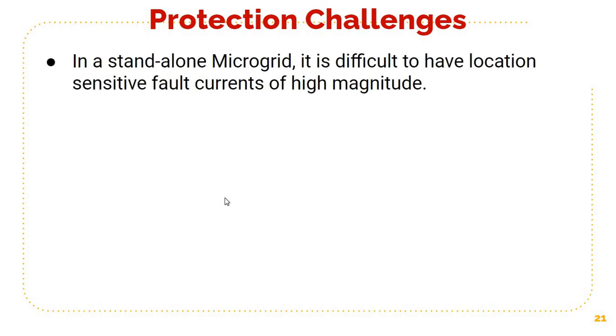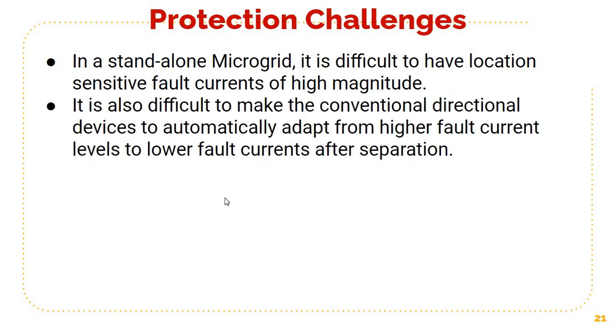So let us see what the protection challenges are. In the standalone microgrid, it is difficult to have location sensitive fault currents of high magnitude. That is one challenge. It's also difficult to make the conventional directional devices automatically adapt from a higher fault current level to a lower fault current level after suppression.